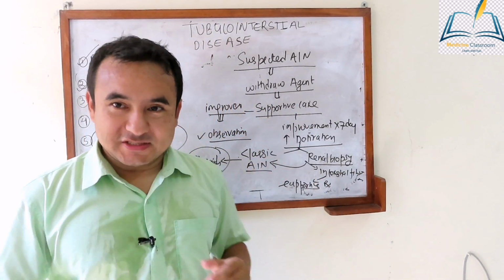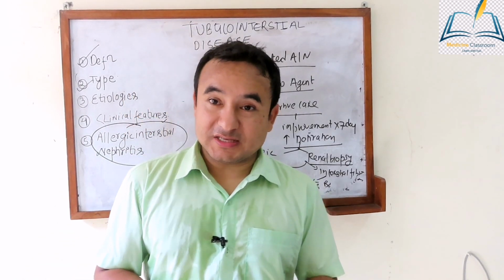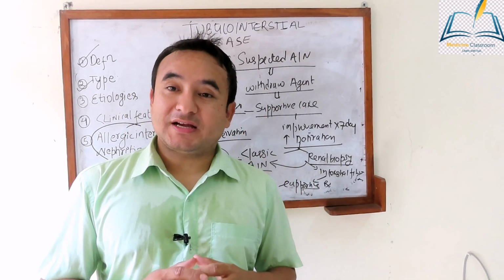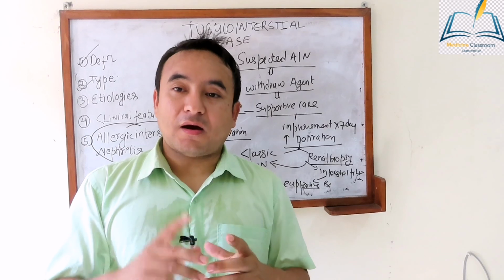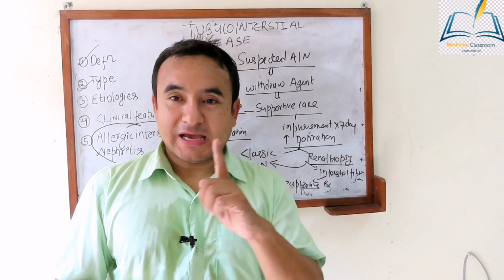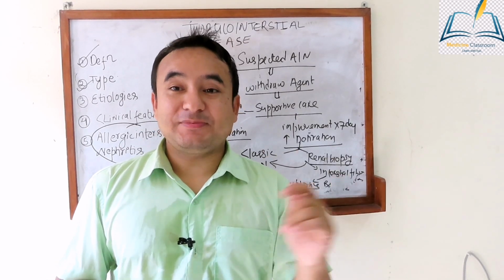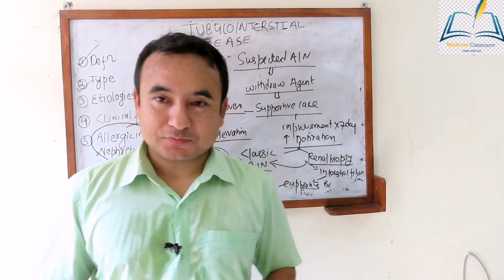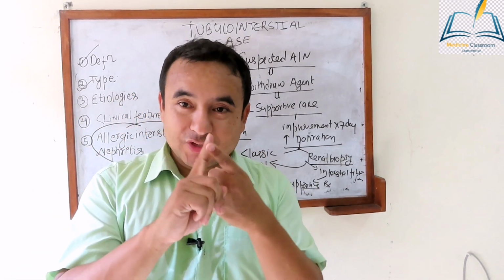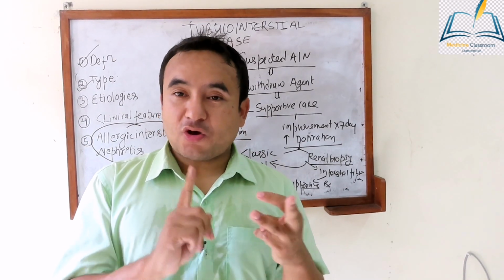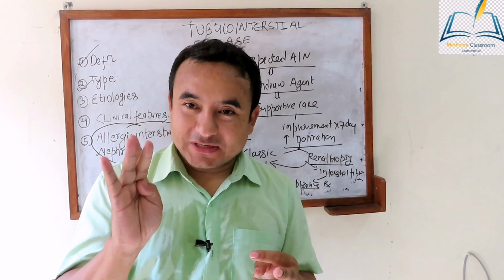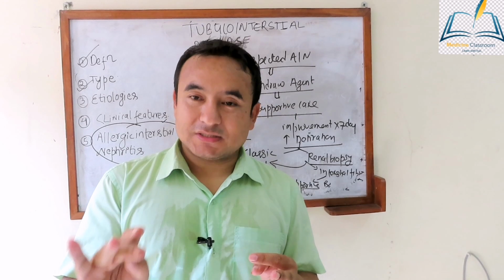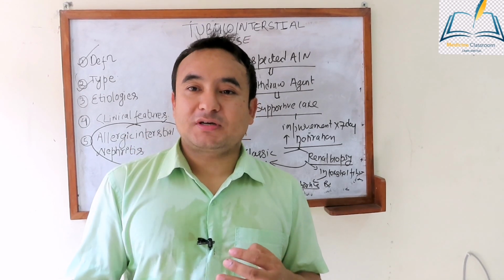Now let us revise it again before concluding the session. Tubulointerstitial disease is a condition where there is predominant involvement of tubules and interstitium with relative sparing of glomeruli and vessels. It is of two types, acute and chronic. The common causes of acute are therapeutic agents, infections, autoimmune disease and acute obstructive uropathy.